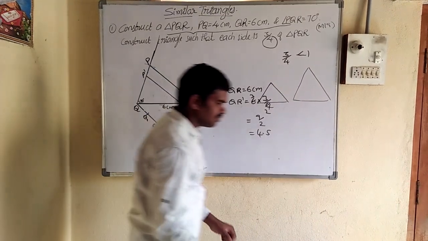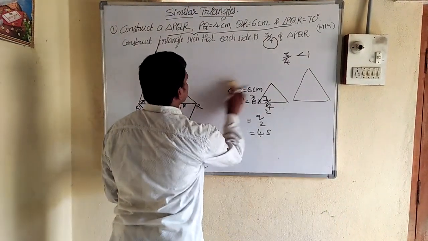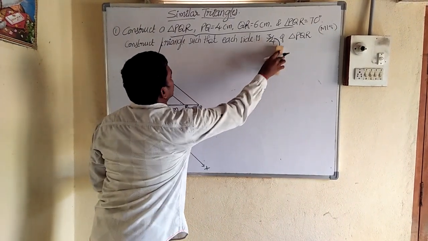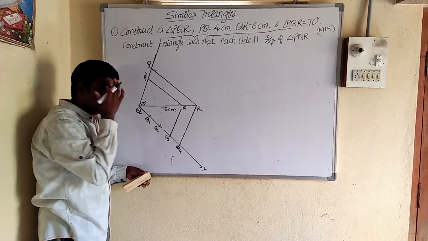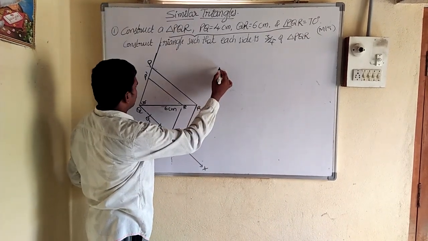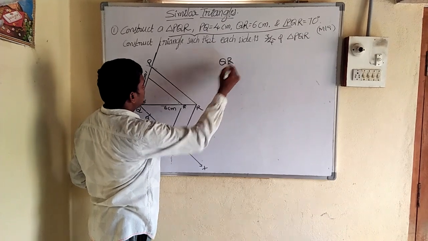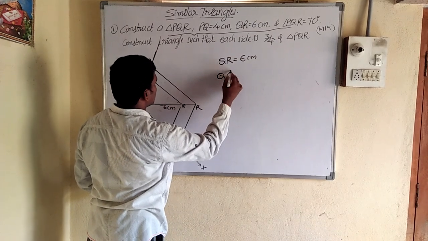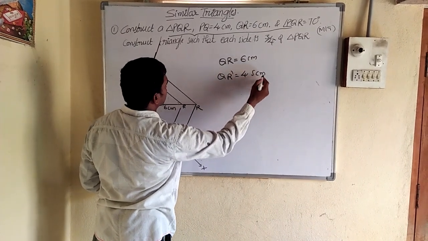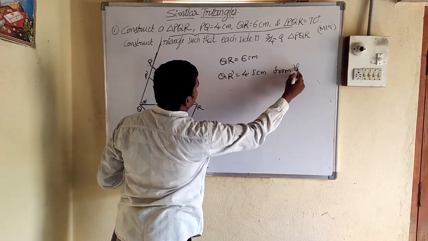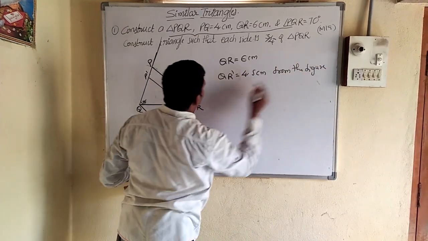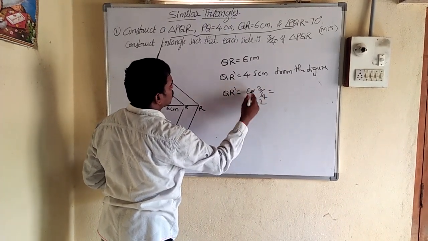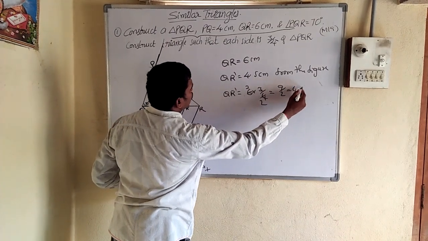So construction is the most important topic. QR is 6 centimeters, and QR dash becomes 4.5 centimeters from the figure. QR dash is equal to 6 into 3 by 4, so 9 by 2, which means 4.5.